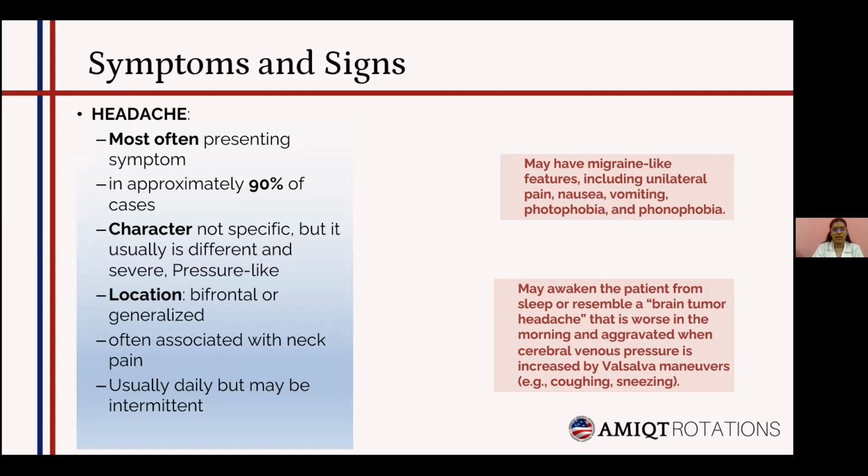Some of the patients describe the headache with features mimicking a migraine-like pain. It can be unilateral, associated with nausea, vomiting, photophobia, and phonophobia as well. Some patients say the headache awakens them from sleep, and this resembles a headache caused by a brain tumor. It is also aggravated by coughing or sneezing.